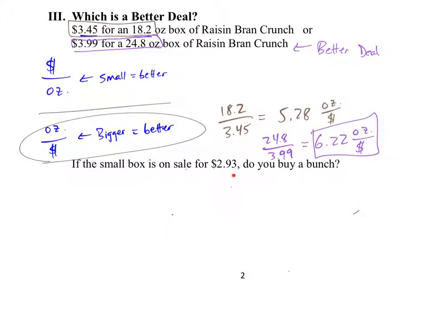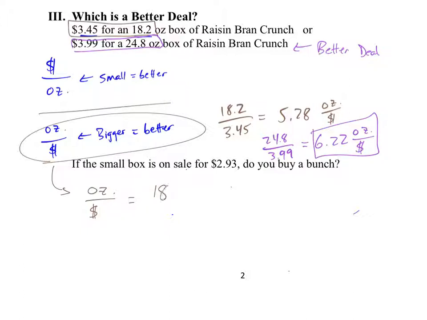Very last thing. I know for me, I'm kind of a sucker for a good deal. So I'll come and be like, Raisin Bran Crunch is on sale at Meijer's, and I'll come home with like 8 boxes, maybe, hypothetically. Okay, so if they were to give the small box on sale, do you buy a bunch? I'm going to do it the same way as what we did up here. I'm going to do the ounces per dollar and see how it compares.